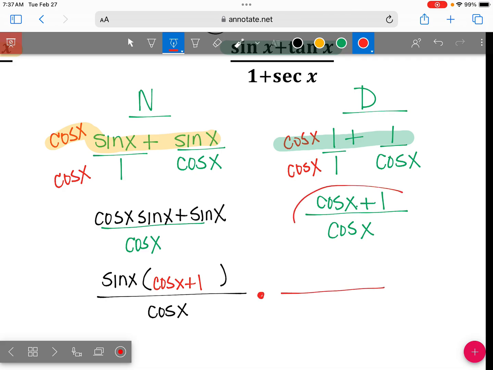So I'm flipping this right now. When I flip it, that cosine moves up, and then cosine x plus 1 moves down. This is a group. I'm going to put parentheses around there because I think that's going to tell you, hopefully, you see something. There's two things that can cancel out.